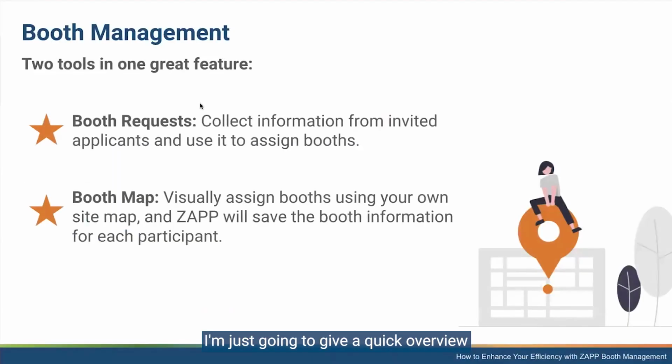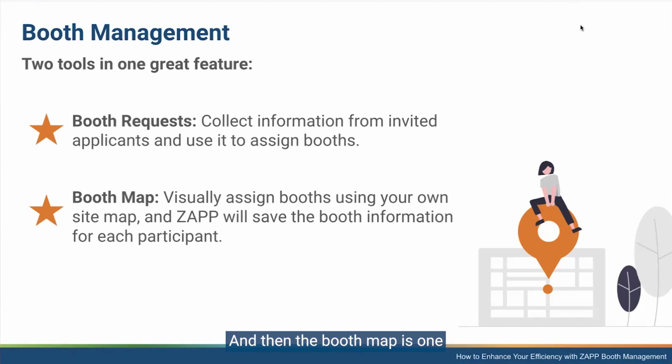I'm just going to give a quick overview of the Booth Management add-on feature. So again, like I said, this feature involves two tools in one. First, we've got the booth requests. This is the new tool that has been added. This allows you to collect information from invited applicants and use it to assign booths. You can review that information and use it when you're assigning your booths.